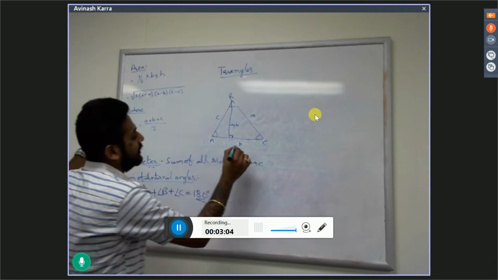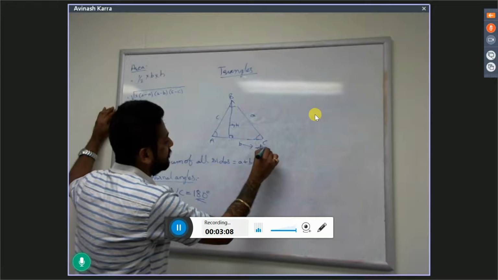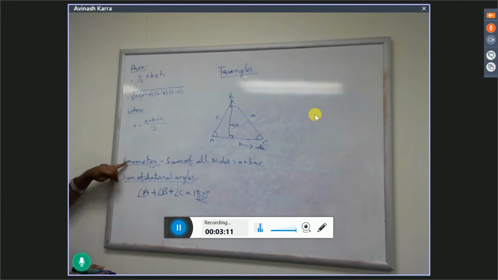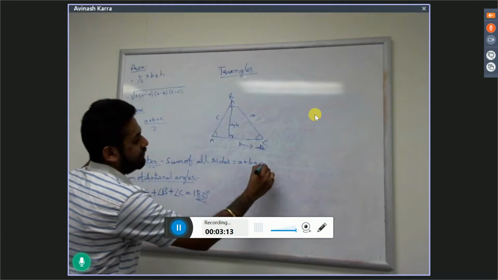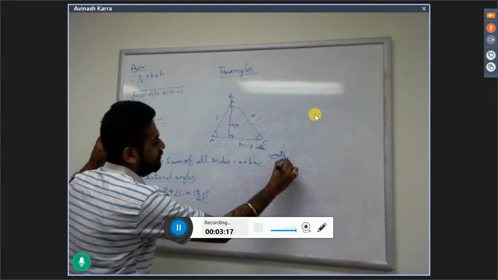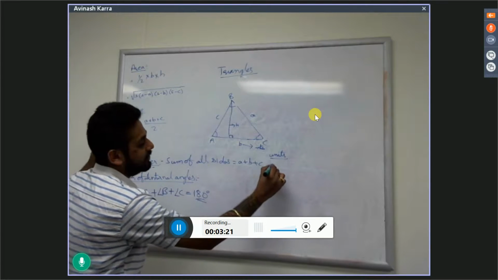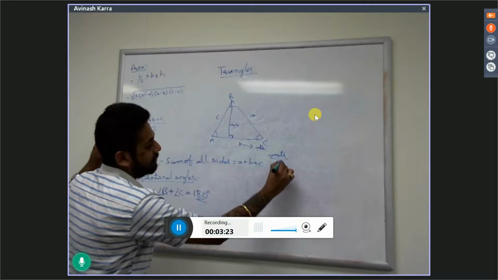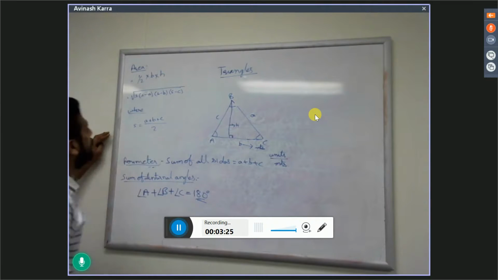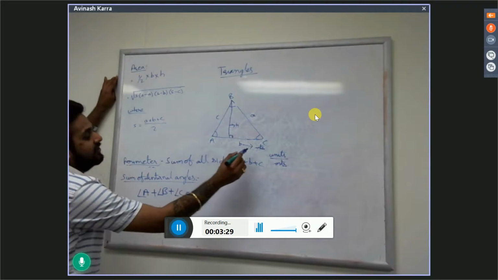And what will be the units for perimeter? For example, if the side is in meters, what will be the units for perimeter? Units are very important. If the side is in meters, then the units for perimeter are meters. And what will be the units for area when the side is in meters?